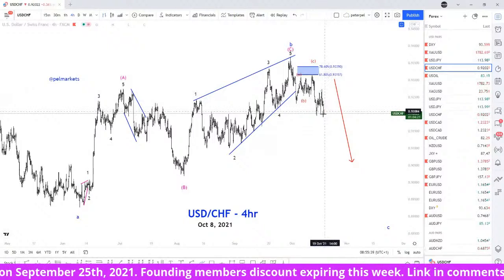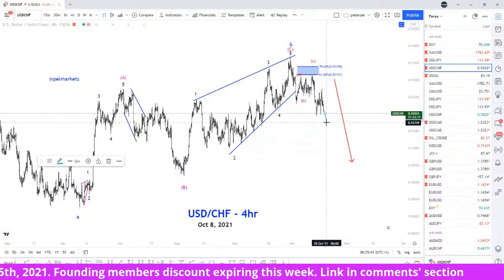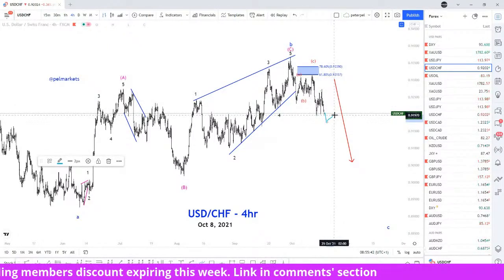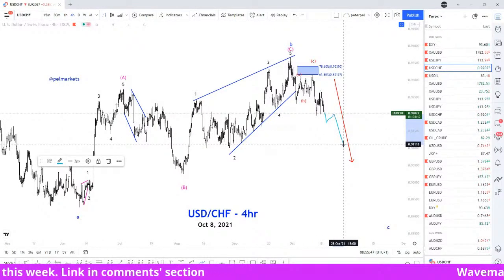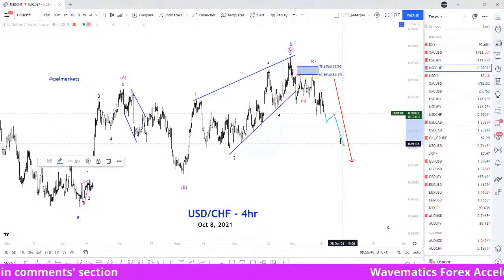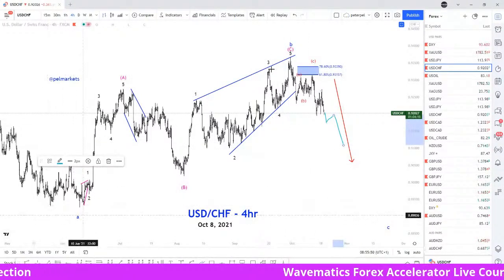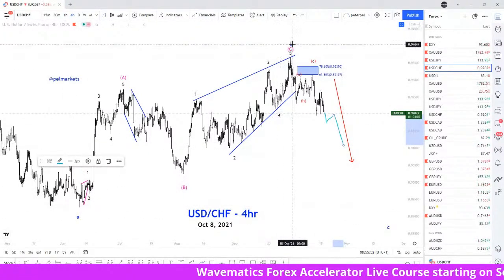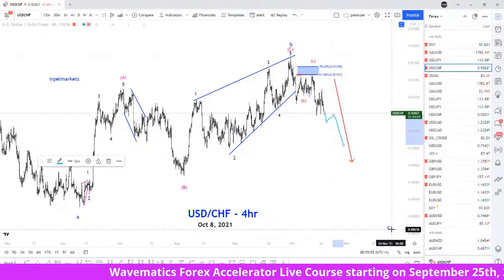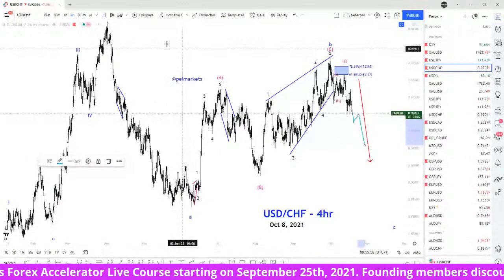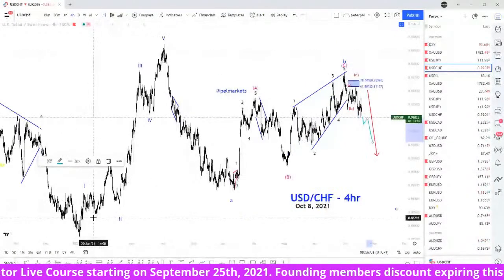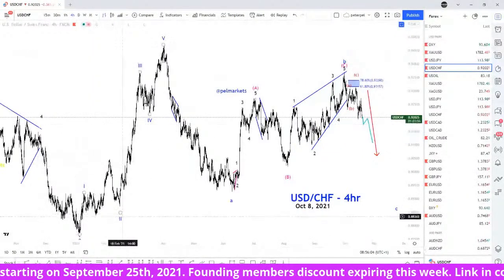If we don't get that one and we get a move lower, we will start looking for a correction, then a drop down, because now this is a wave A, so we are looking at a wave B, blue wave B. So a downward move for blue wave C to match this upward move of a 1, 2, 3, 4, 5.